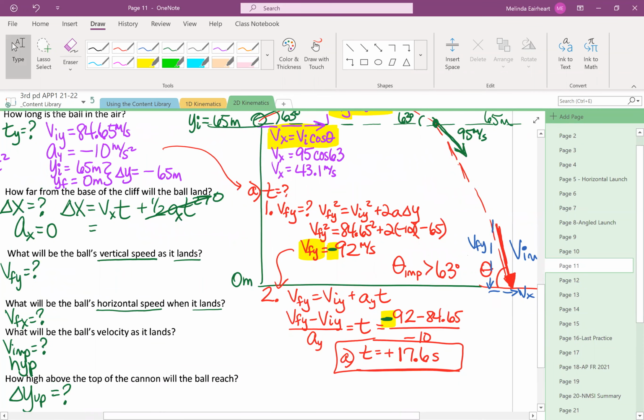We got 43.1 meters per second. And then time, well, we care about when it lands, not time to peak, not the time till it returns to the same initial vertical position. It's till it lands. So we're going to use that whole time, 17.6. And what do we get here? Multiply it out. So pick up that calculator, somebody, multiple people.